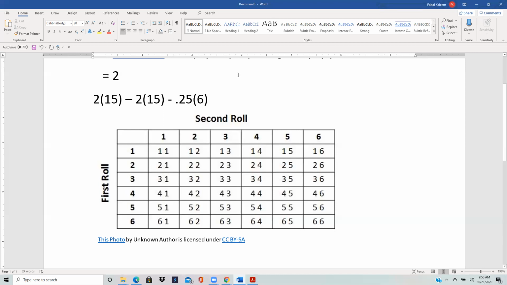So what do we get? Well, I put it in the calculator and I got negative 1.5. So what's worrying you? If you get negative 1.5, then why are you so hesitant?